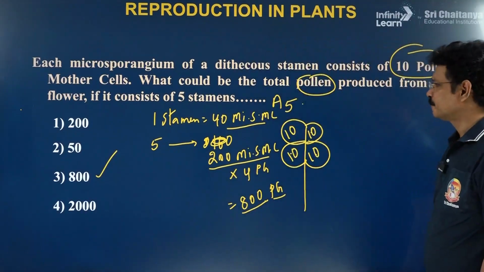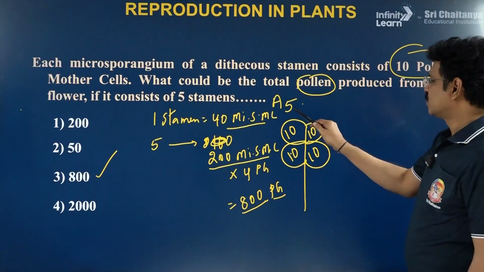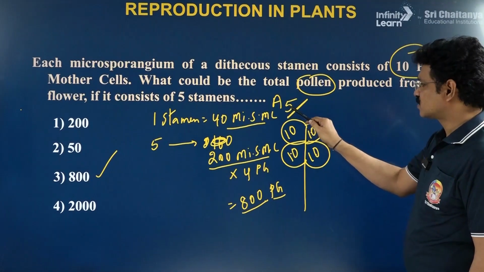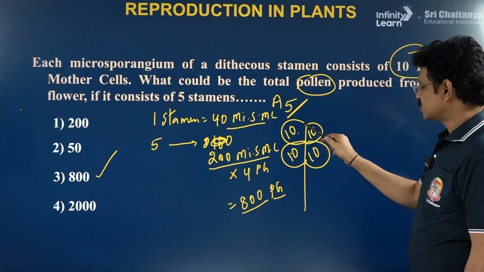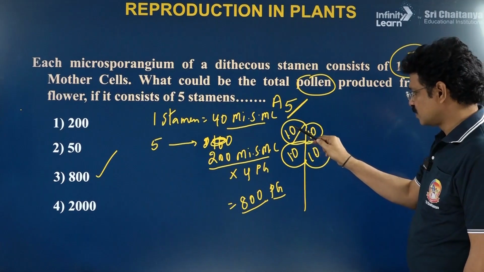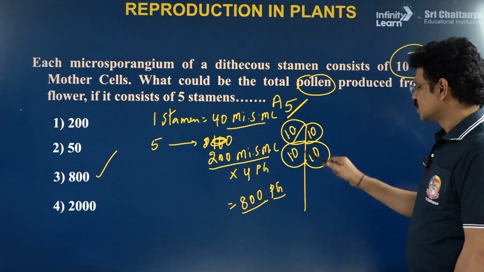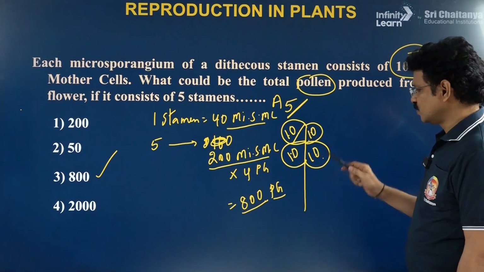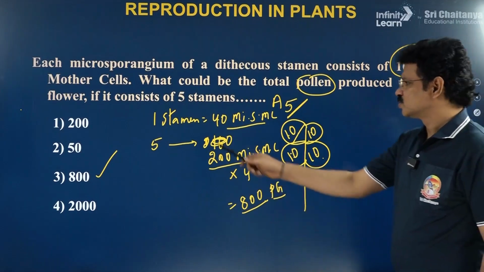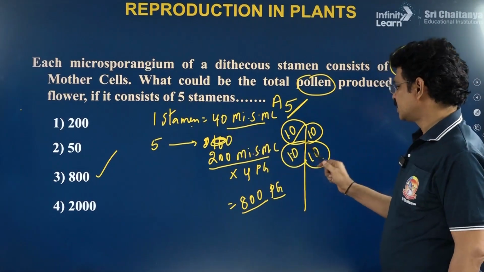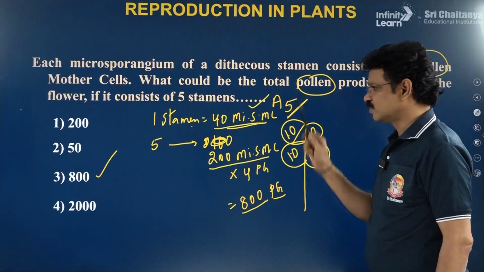Okay, clear? Listen once again. In this flower, the given number of stamens is 5. The number of microspore mother cells is 10 in each microsporangium. The number of microsporangia is 4 in each stamen. So one stamen has 10 into 4, 40 microspore mother cells.